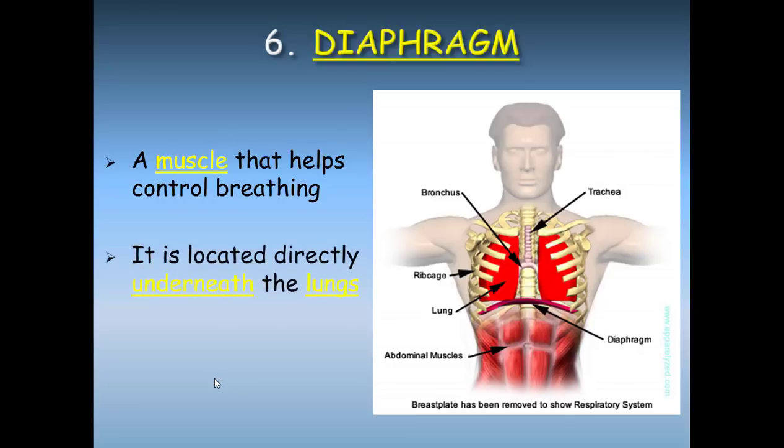It's located directly underneath your lungs. It's kind of a C shape to it. And if you are playing a wind instrument in band, you've been told by your band director to work on the strength of your diaphragm and to work on playing your instrument using your diaphragm instead of your lungs. And this is what they're referring to.